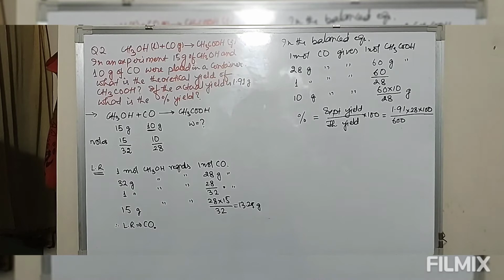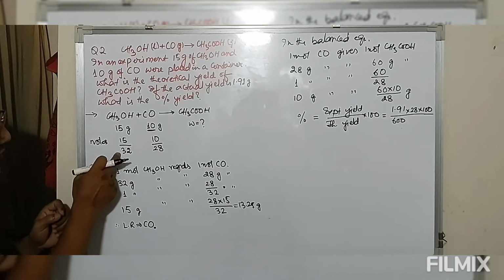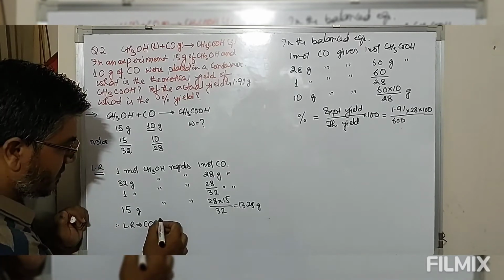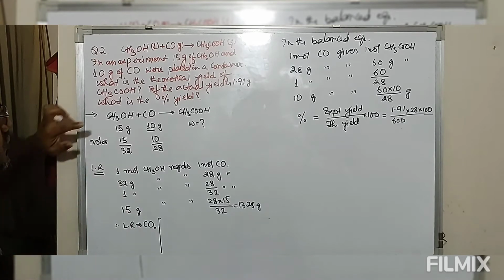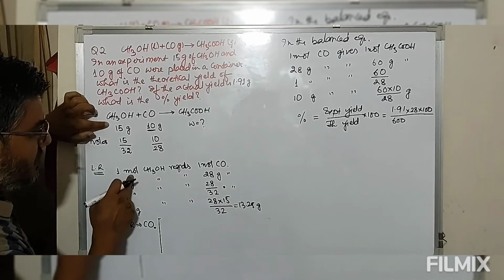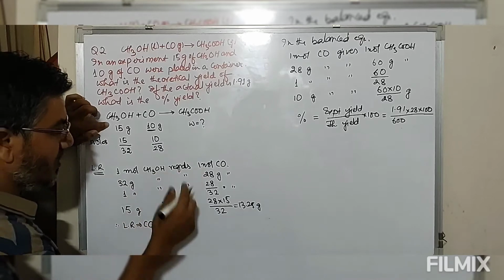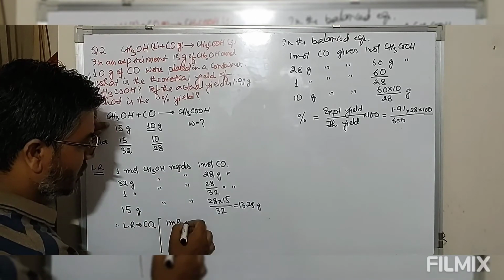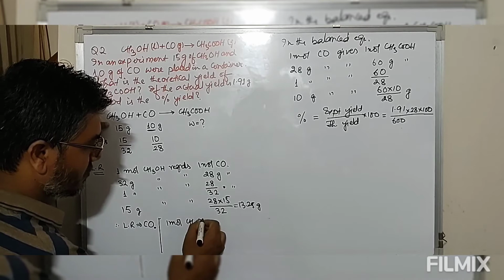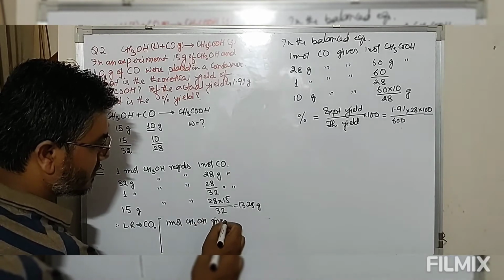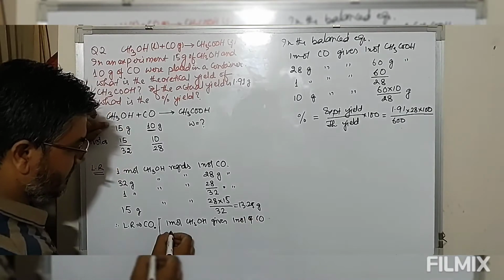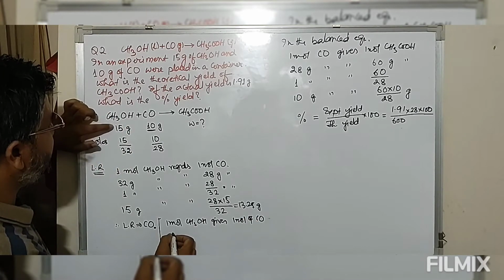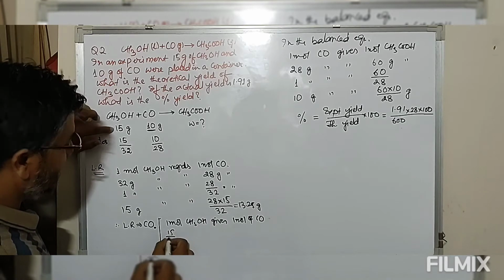Now look at this. Another way of doing this is with the number of moles. As I told you, we can also correlate from the number of moles. 1 mole CH3OH gives 1 mole of carbon monoxide. So the number of moles of CH3OH taken is 15 by 32.